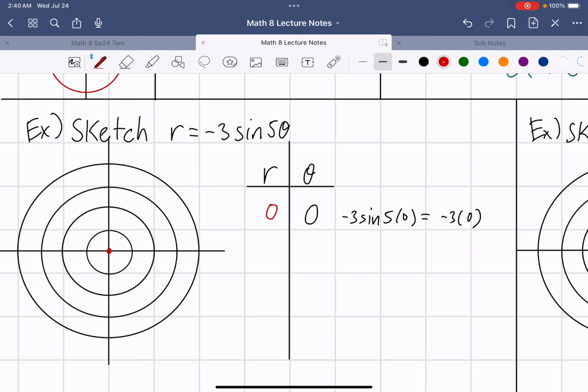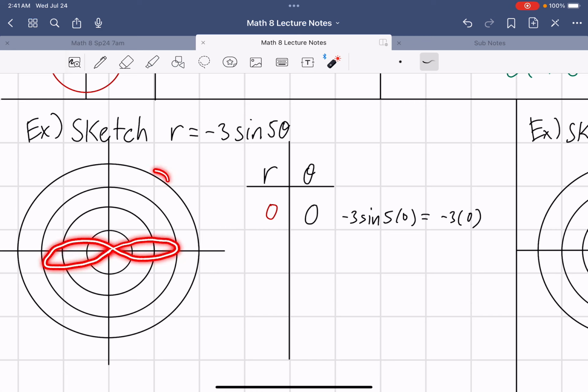But something else, because I didn't get anything in this direction, that tells me there are going to be no petals pointing in either one of these directions, because let's not forget sine is going to have symmetry over the y-axis. So because I got 0 in this direction, there are no petals here.